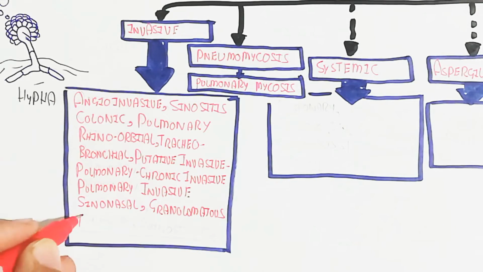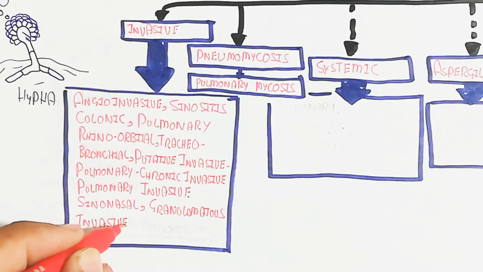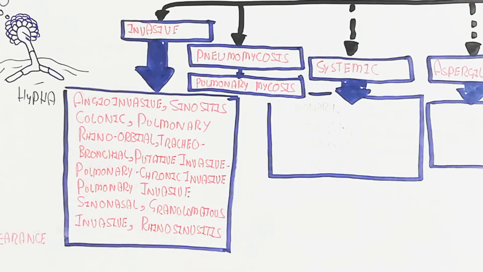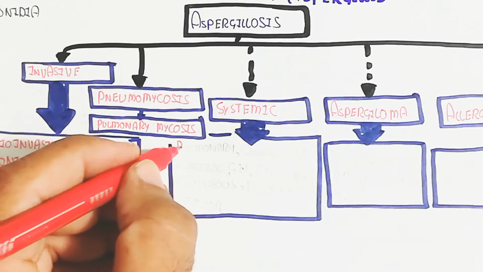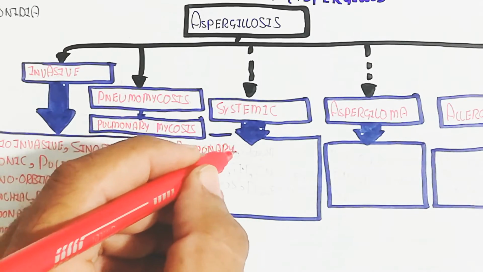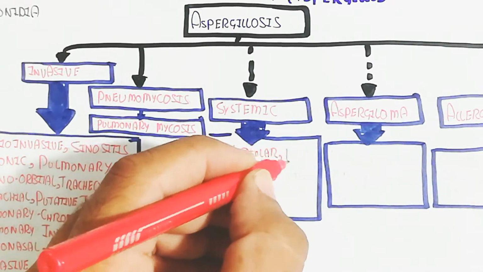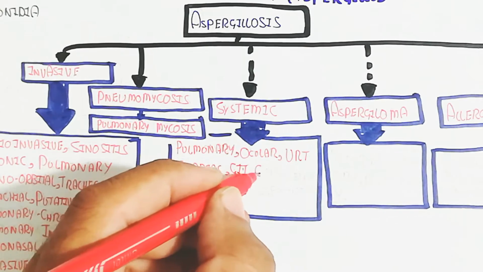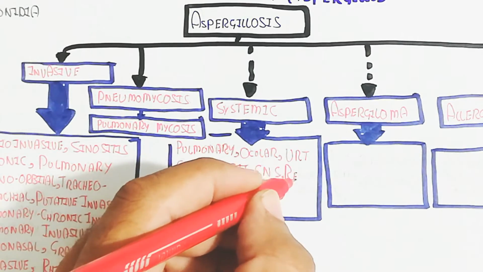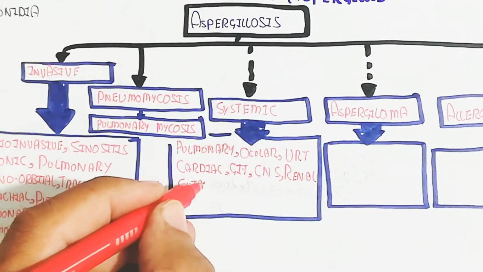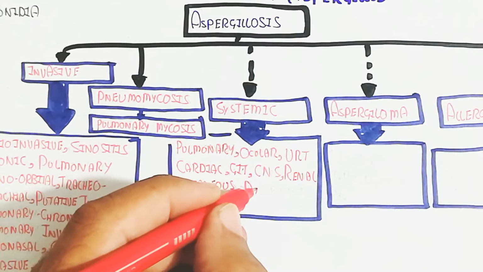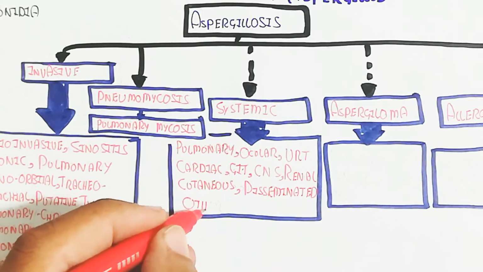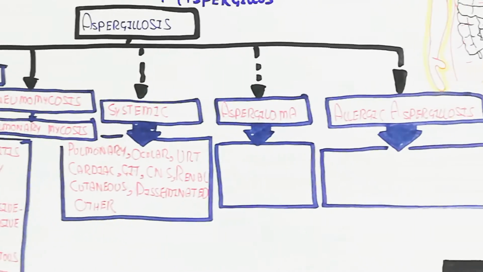Invasive means the invasion of the spores after germination. After germination they invade several organs to cause these types of disease. While systemic means pulmonary, ocular, urethral, cardiac, GID, central nervous system, renal, cutaneous, disseminated and others.